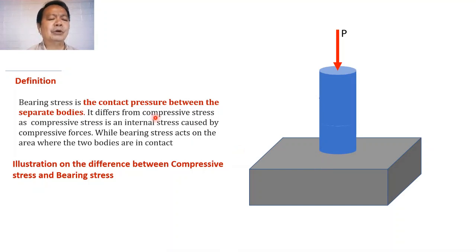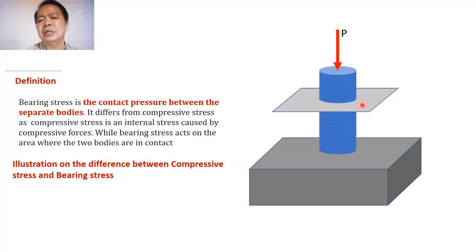So when we are talking of a compressive stress, it is actually the stress that is happening on the internal part of the structure. And we can analyze it by passing an exploratory section through this cylindrical post. And let us imagine that we try to pass an exploratory section, a section that runs in that direction.